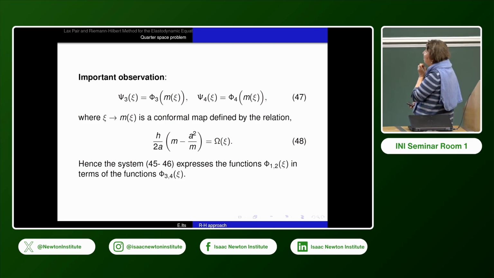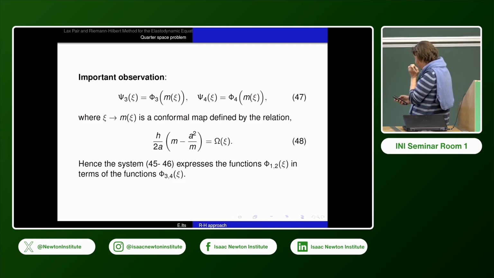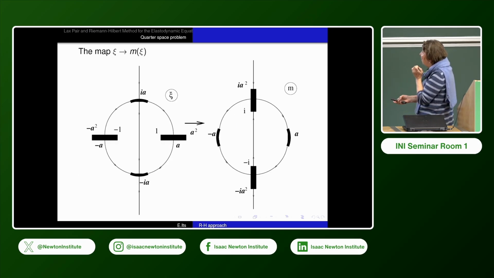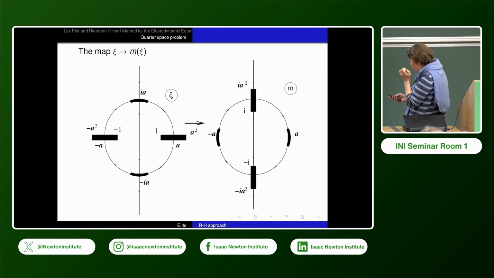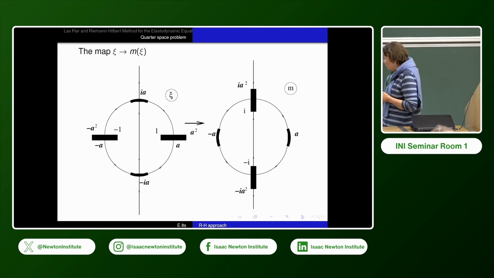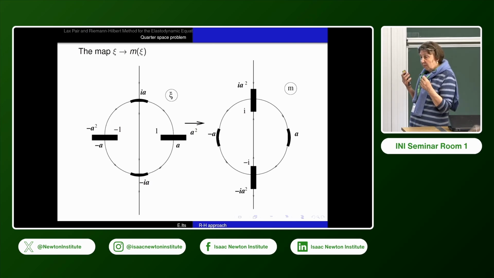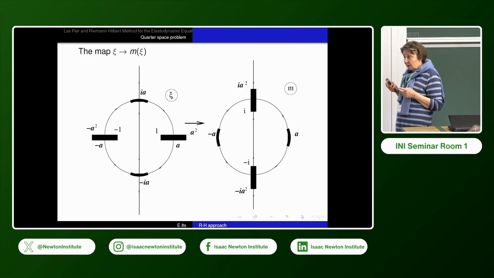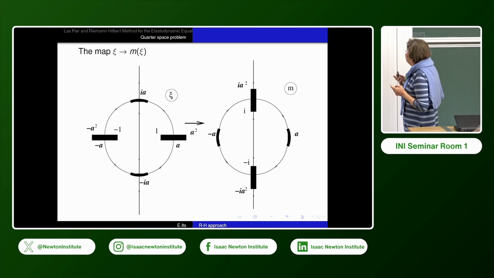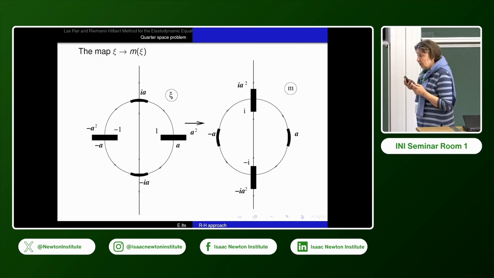So that's the map, and the properties of this map are described in the following picture. And as a result, we might say that finally we have the system where the phi1, phi2 functions are expressed in terms of only phi3 and phi4 functions.